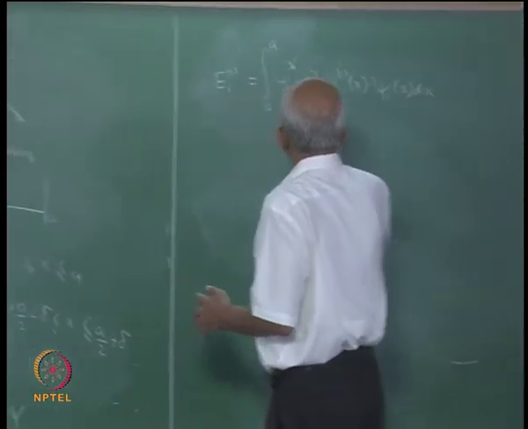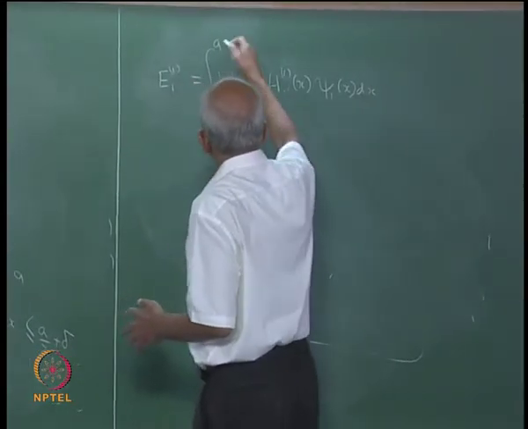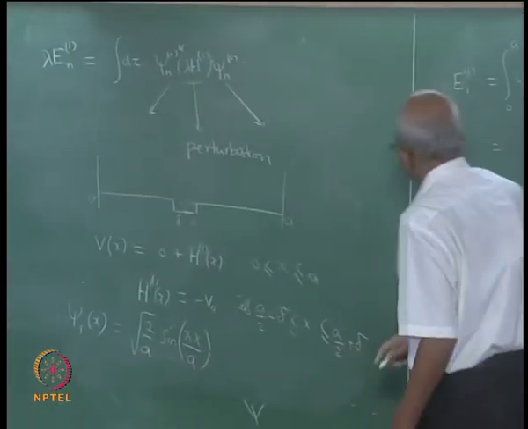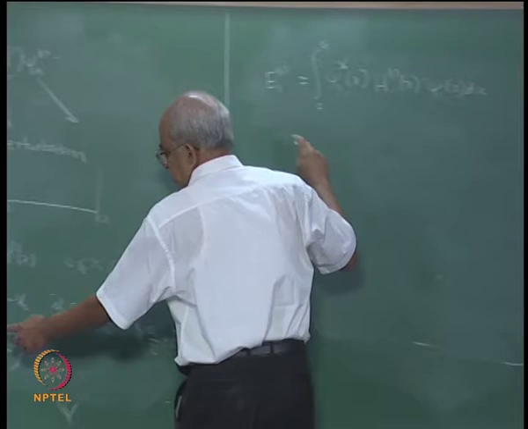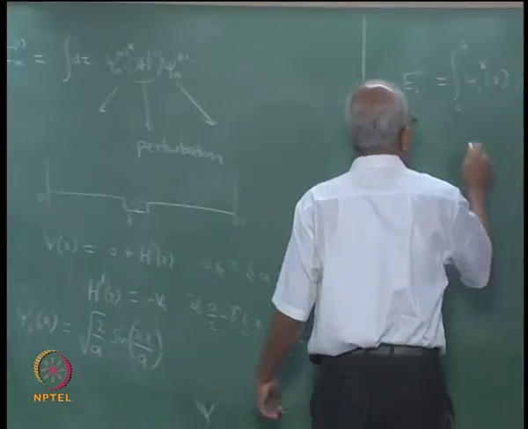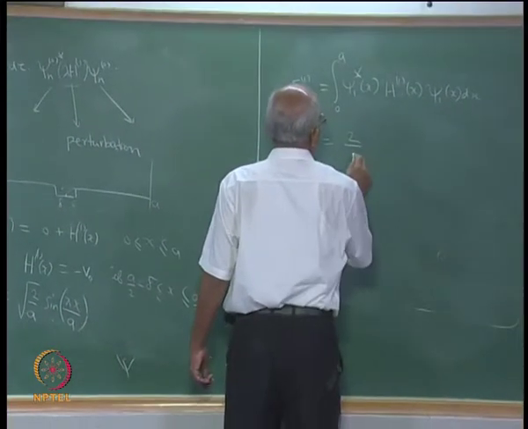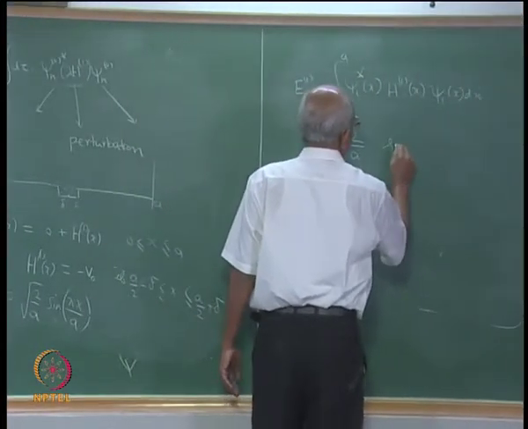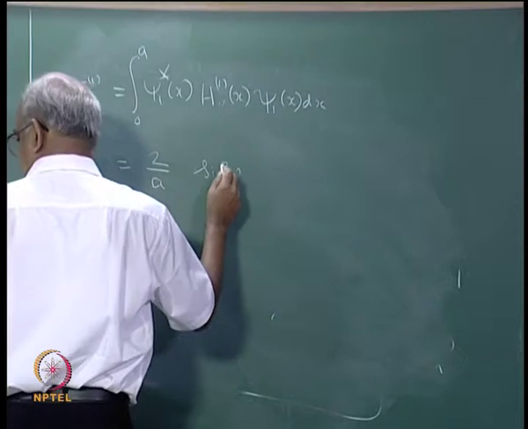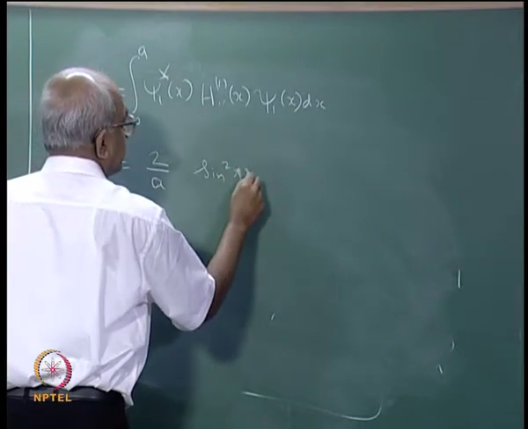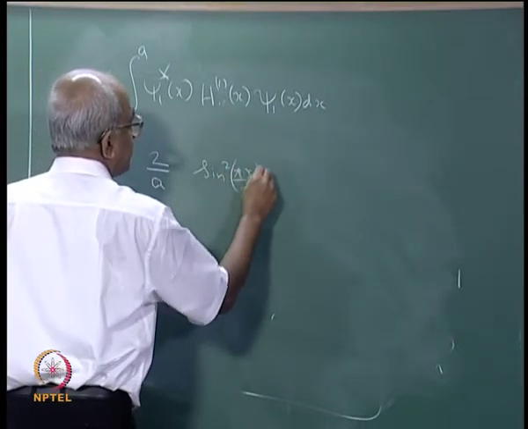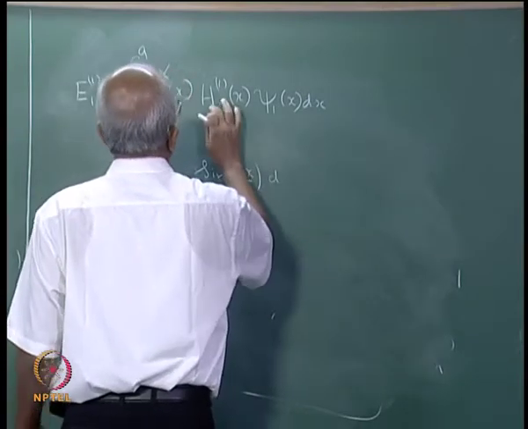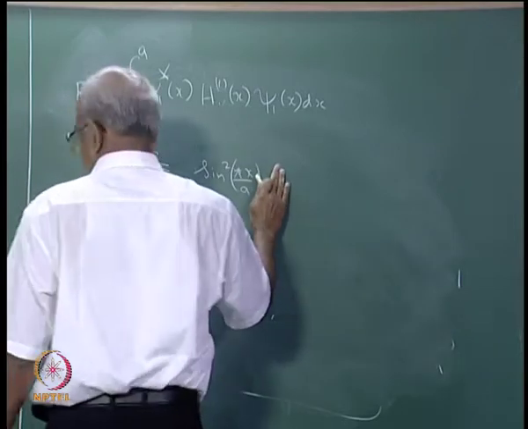Okay. So, if you think about this integral, what will happen? psi 1 is given by that expression. So, there will be a square root of 2 by A occurring 2 times, so 2 by A in total. Then you will have sin square pi x divided by A, and you will have to put in H1. What is H1?